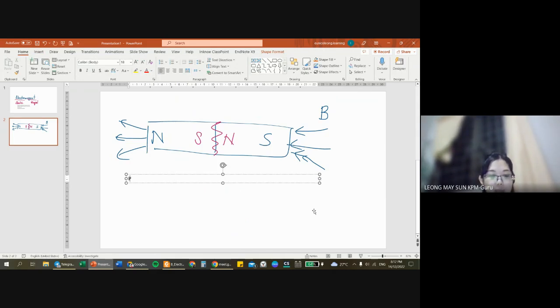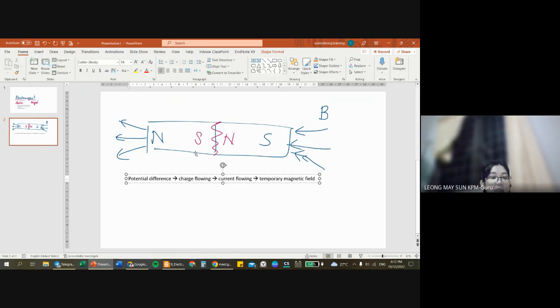When there is a potential difference, charge will flow, and when charge flows, we have current flowing. When there's current flowing, there will be an electric field. An addition in this chapter is that when current flows, it will also produce a temporary magnetic field.